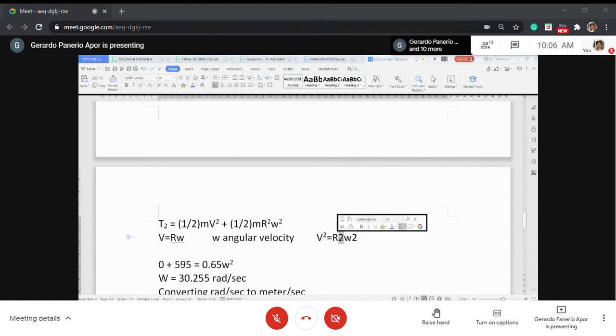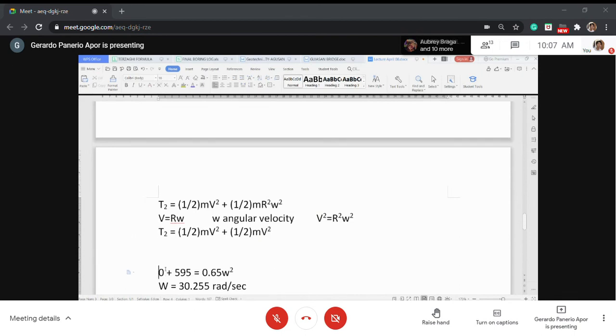So, kung atong i-substitute, mao ni siyang T2 is equal to 1/2 mv squared plus 1/2 I omega squared.